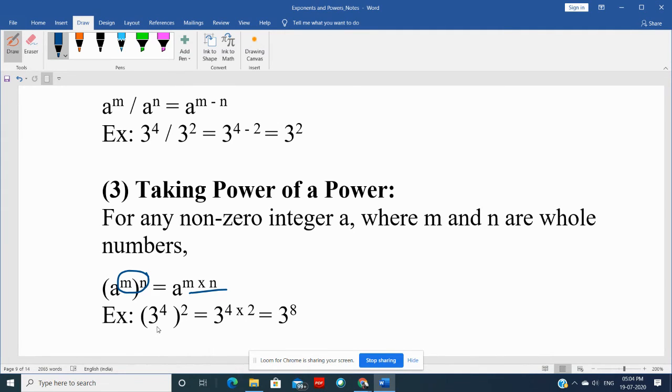Let's say here 3 raised to 4 and whole power 2, that is whole square. The relationship between these two numbers, 4 and 2, is multiplication. So 3 raised to 4 into 2, so 3 raised to 8. This is how you solve these types of sums.